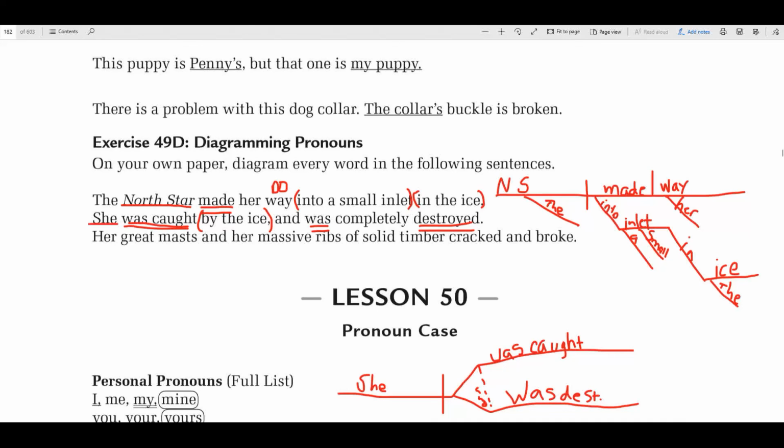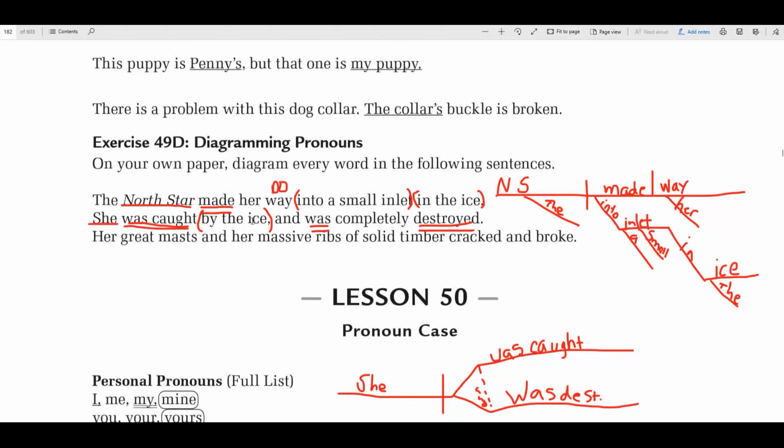Okay, so was caught, let's see, she was caught by whom or for whom was destroyed. Okay, no direct objects because nothing answers any of those questions. Now, by the ice tells how it's an adverbial phrase because it's telling where they were caught.